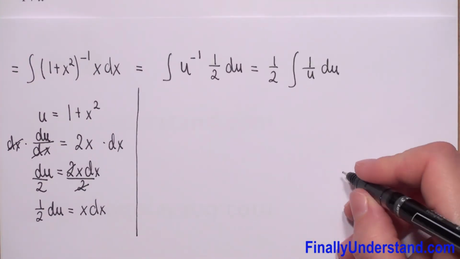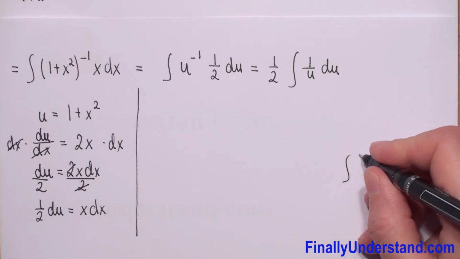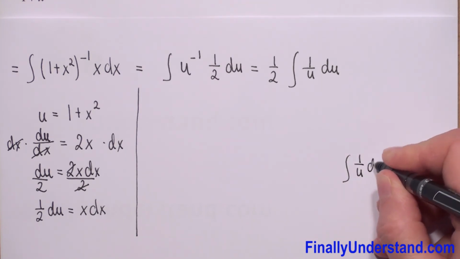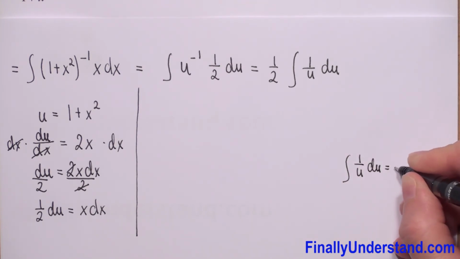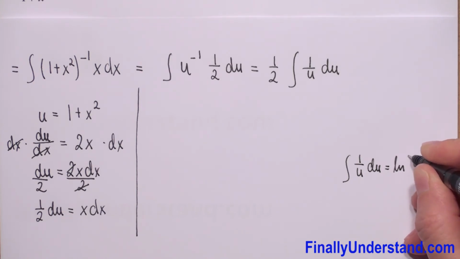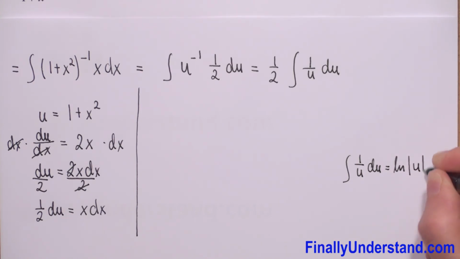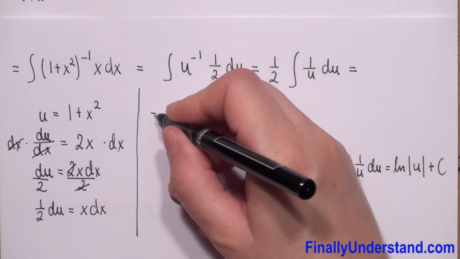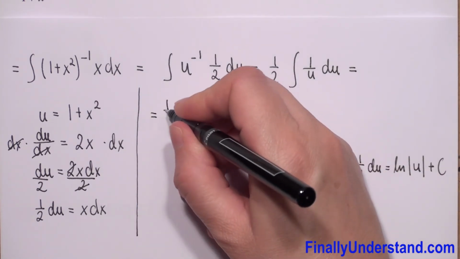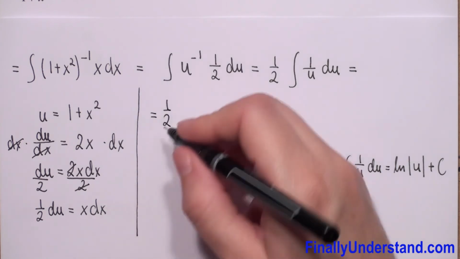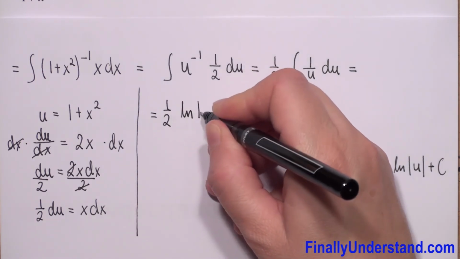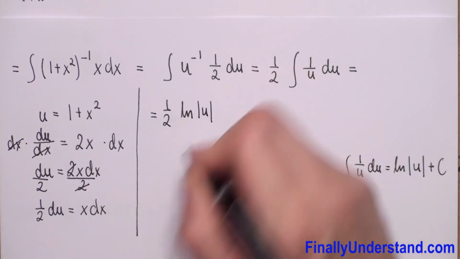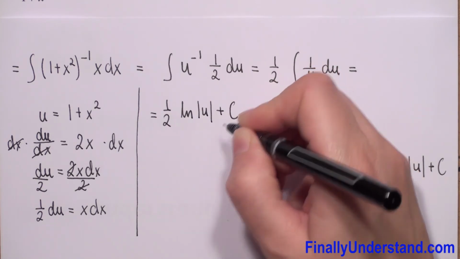We know that the integral of 1 over u with respect to u is equal to the natural logarithm of the absolute value of u plus a constant. When we have an indefinite integral, we always have to add a constant. So our integral will be equal to 1/2 times the natural logarithm of the absolute value of u plus c.